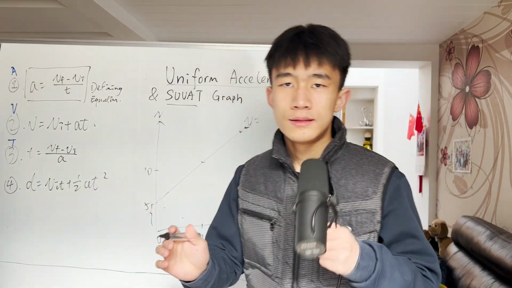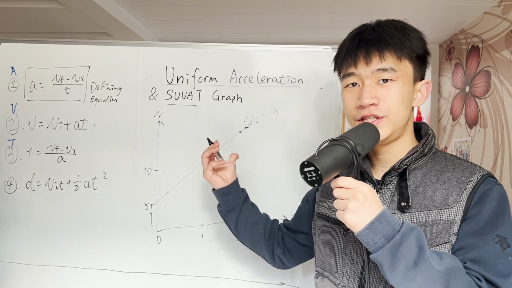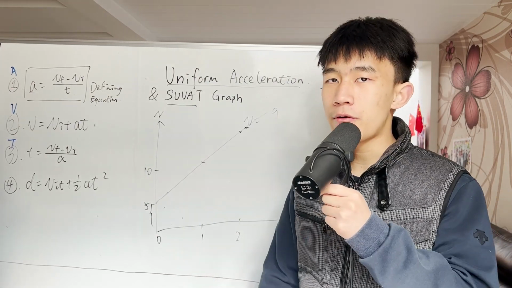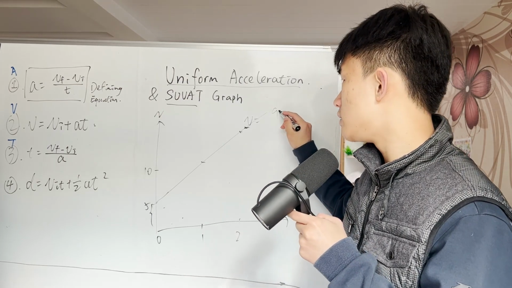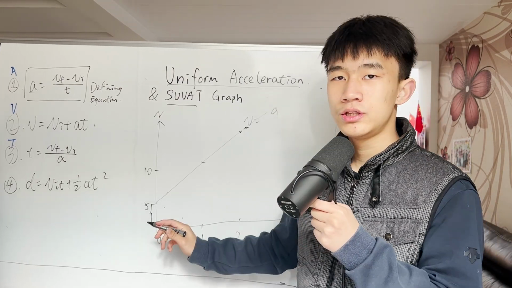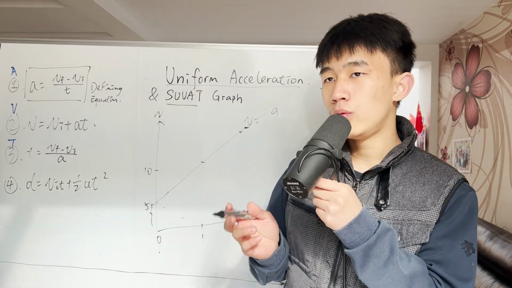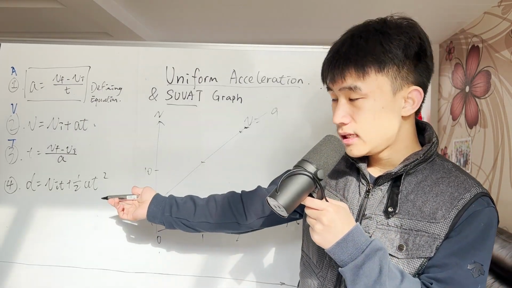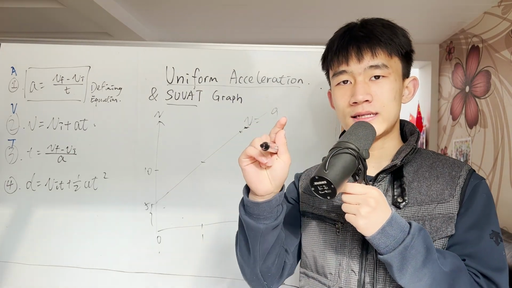Let's look at the geometric representation of this formula on the v-t graph. For example, I want to calculate the distance or displacement of our object between t equals 0 and t equals 2. Well, my d is equal to v_i t, which is my initial velocity times time.